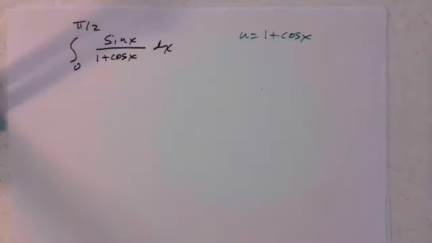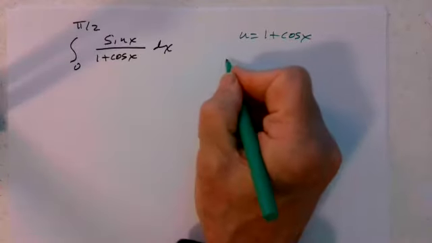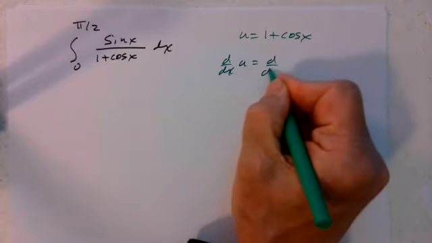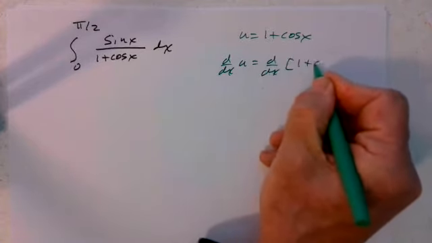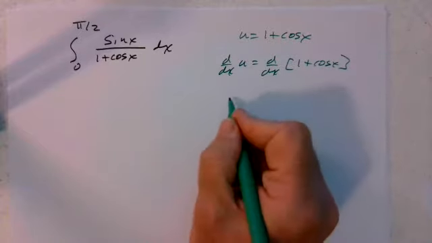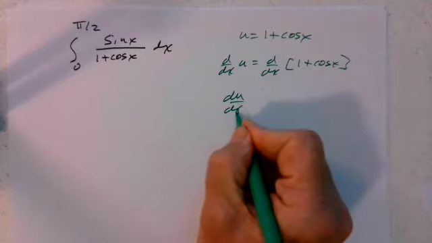We're going to take the derivative with respect to x of both sides. The derivative with respect to x of u is du dx.